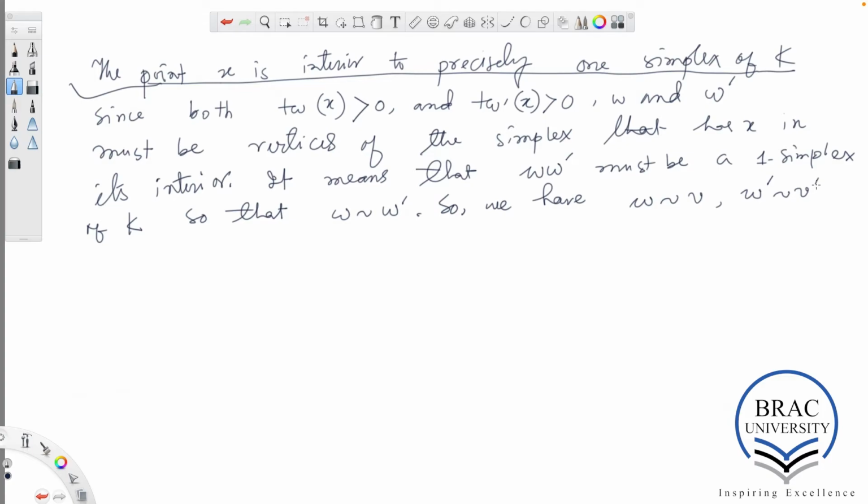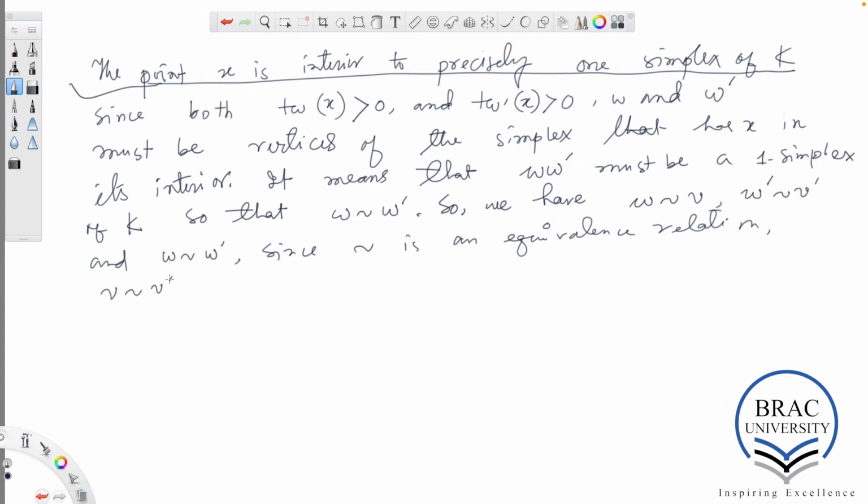We have chosen w to be equivalent to v, and we have chosen w prime to be equivalent to v prime, and we have just seen that w is equivalent to w prime, and since twiddle is an equivalence relation, we must have V to be equivalent to V prime, right?